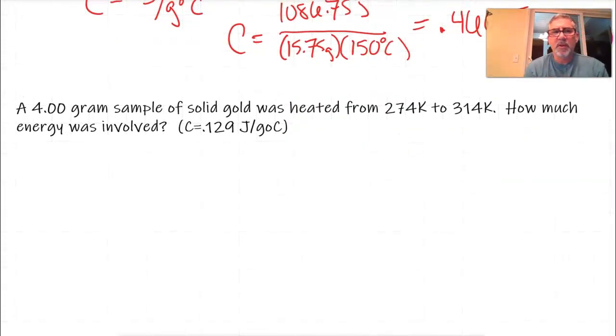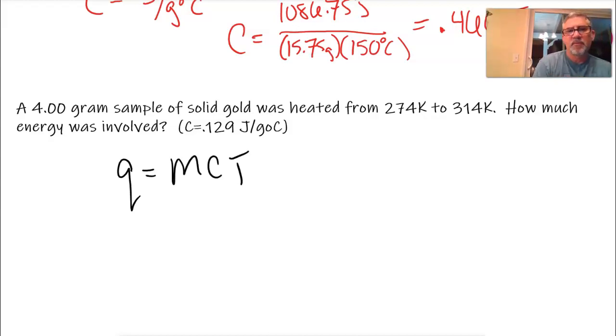Okay, so here's one last equation to look at. I got a 4-gram sample of solid silver that was heated, so how much energy was involved? This is just another simple Q equals mCΔT. It's not in a calorimeter. Now it's actually for the Q of the solid metal. Again, we have a mass. C was given here, 0.129.